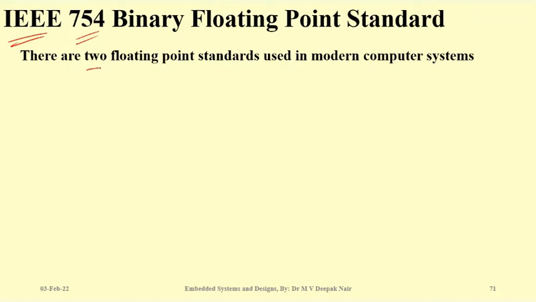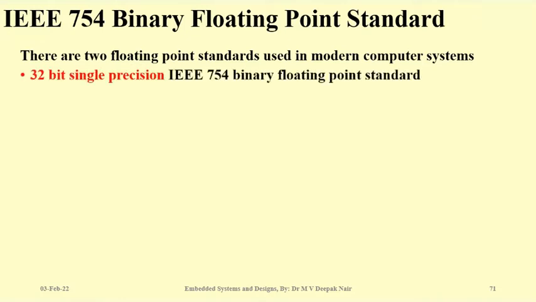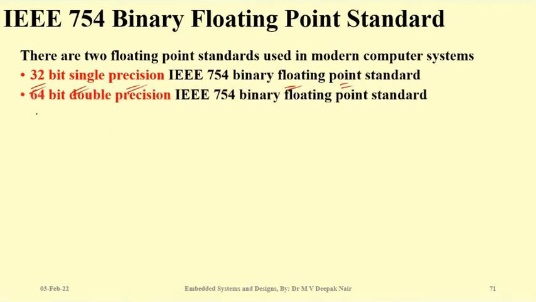There are basically two floating point standards approved under IEEE 754, and most computers still follow them. One is the 32-bit single precision floating point system. The second is the 64-bit double precision floating point number.